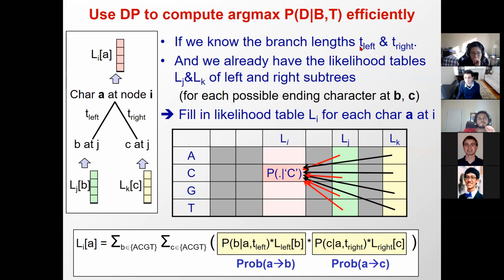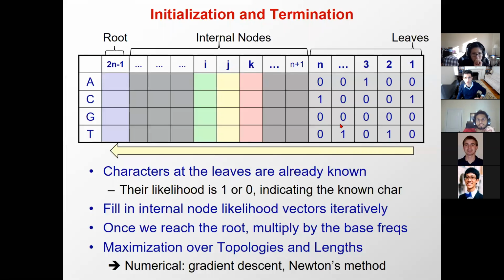So if we know the branch lengths T left and T right, we already have the likelihood tables of the left and the right subtrees for every possible ending character at B and C. So all we need to do is fill in the likelihood table for each remaining character A. So basically we initialize using the extant sequences that are observed, and then we're moving up the tree from the leaves to the root.